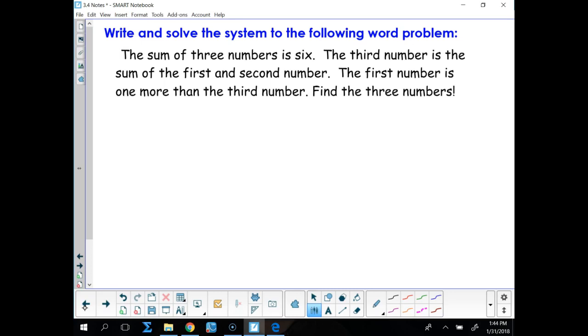How are we going to solve this? Guess and check? Or are we going to make some equations? What do we need for if we're going to make equations? We need variables. So we should first probably define some variables.